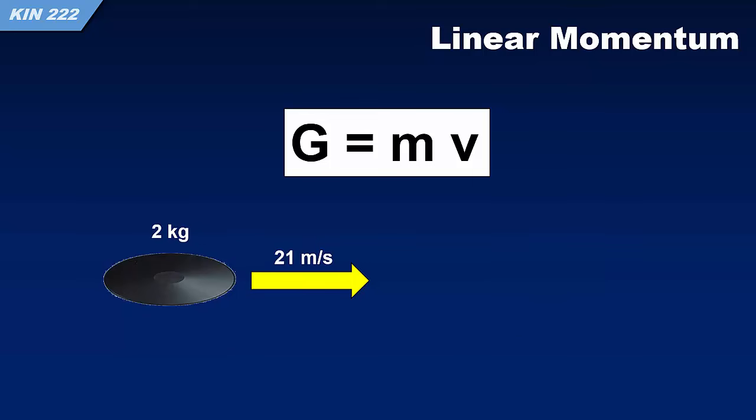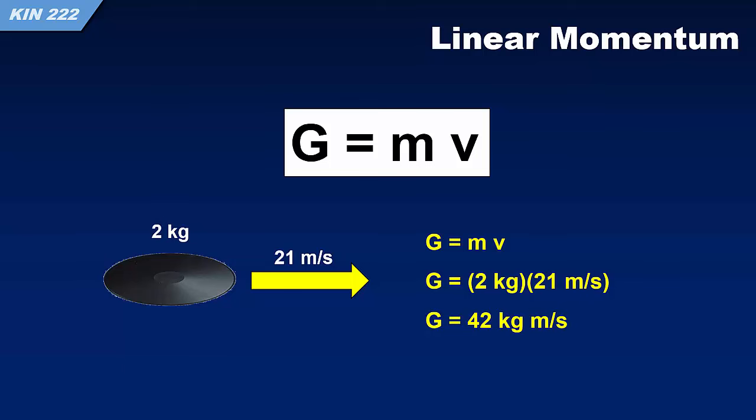But you could also look at a 2 kilogram discus, and a fairly decent release would be about 21 meters per second. If you had a 2 kilogram discus flying at about 21 meters per second, the momentum is the mass times velocity, so 2 kilograms times 21 meters per second, and that would also be 42 units of momentum.